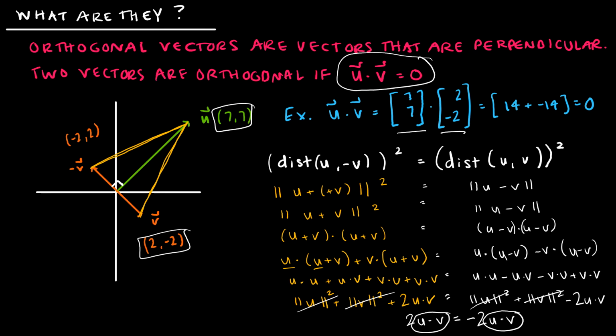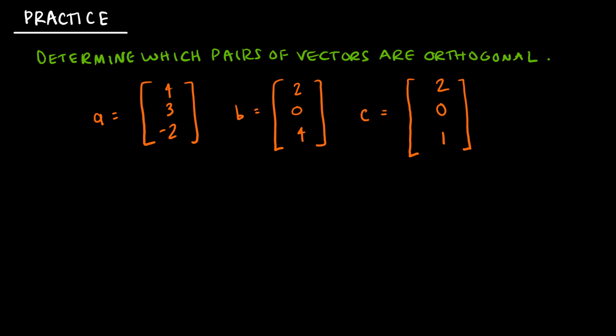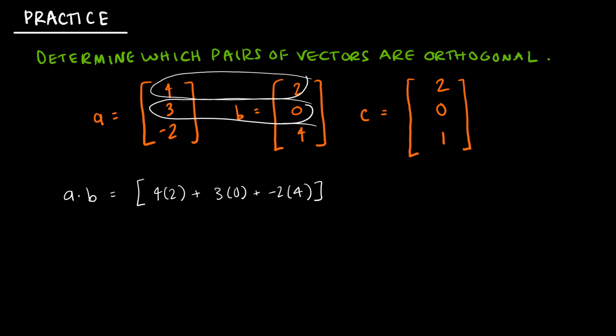So hopefully that helps you to understand just a little bit in a little bit more detail. Let's try this question. We're looking for which pairs of vectors are orthogonal. And again, when we're doing this, all we're doing is finding the inner product. So I'm going to take A, B and determine the inner product. In this case, that would be 4 times 2 plus 3 times 0 plus negative 2 times 4, because again, that inner product just says multiply corresponding parts.